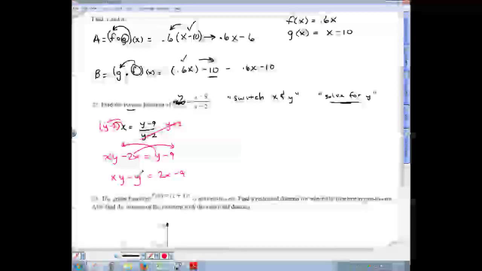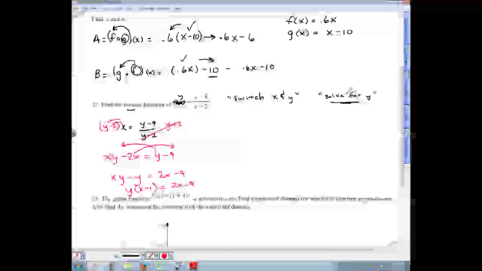The reason for trying to collect all the terms that have a y on the same side is because now these y's can be factored out. So I factored out a y on the left side. That left me with the factor of x minus 1.